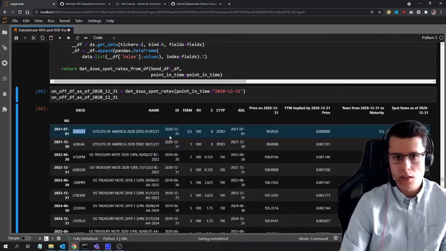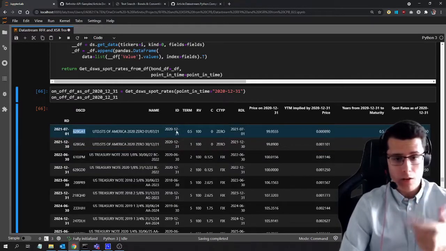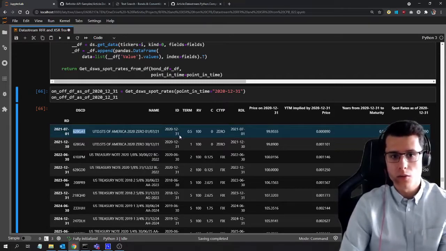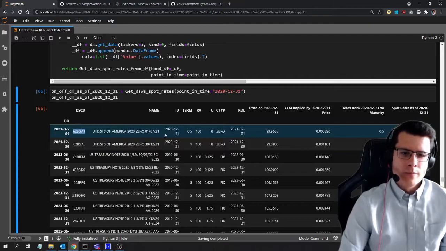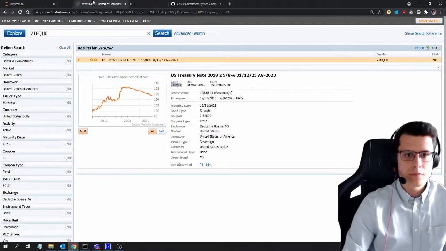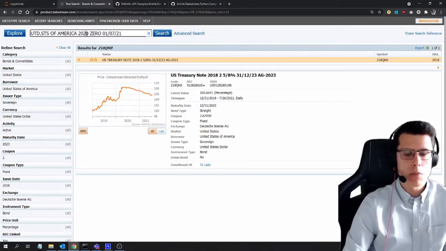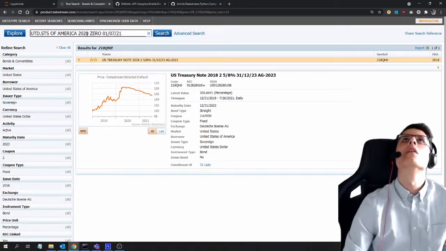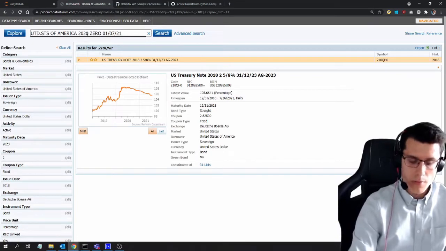So what is this? This is the end of 2020, 31. Let's try and do either the 6th or the 7th of January 2021. What is it we're looking for then? Let's have a look. Boom. So we're looking for that. It will be issued in 2021. Yes, that's right.